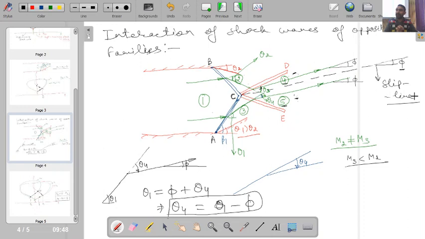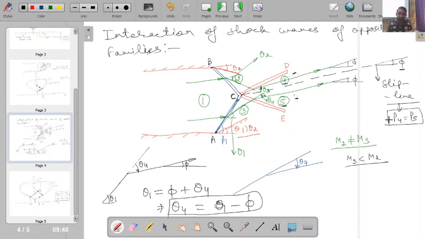Now there are two important conclusions. First is that just above and below the slip line, our pressure should be the same. So the necessary condition for a straight slip line to occur is that P4 should be equal to P5. Why?